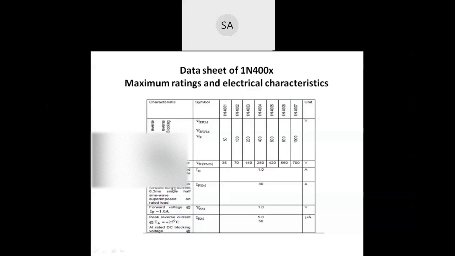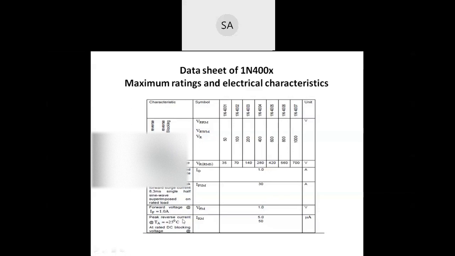The non-repetitive peak forward surge current, 8.3 millisecond single half sine wave superimposed on the rated load, is IFSM, 30 amperes. And the forward voltage at a forward current of 1 ampere is 1 volt only.